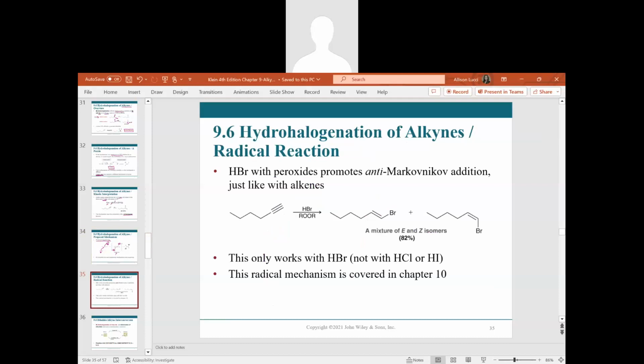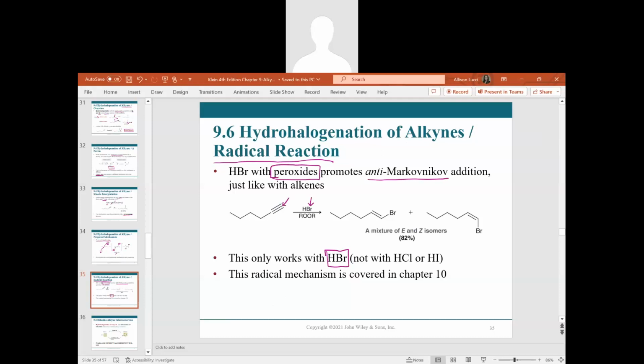When we have hydrohalogenation of alkynes and a radical reaction occurs, this happens when we have peroxides. They promote an anti-Markovnikov addition now. So in this case, this reaction works specifically with bromine, and we'll install it on the least substituted position.